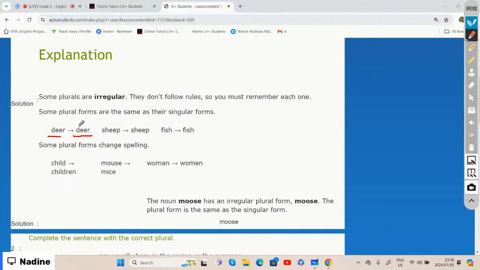We just say one deer, more than one deer. The same with one sheep, and more than one sheep, we also say sheep. One sheep, many sheep. One fish, lots of fish. That is how some plural forms are the same as the singular forms. It doesn't change. We don't add anything, and the word doesn't change.